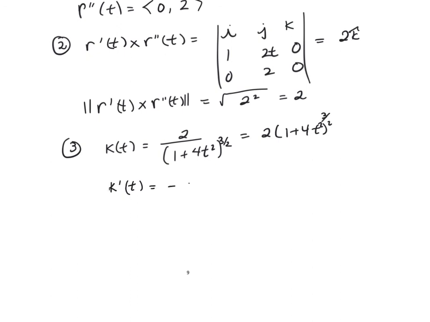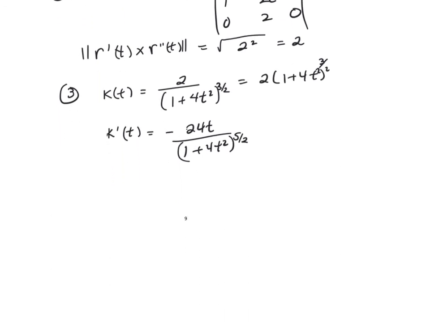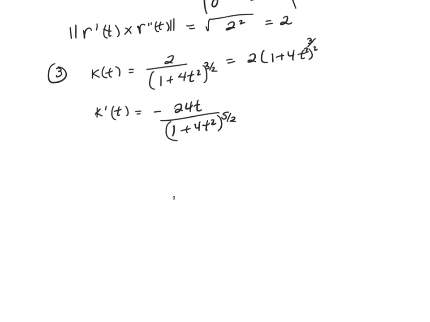And this should give me negative 24t over 1 plus 4t squared raised to the, I'm going to take 1 away, so that's 5 halves. Okay, so this is going to be negative. So k prime of t is going to be less than 0 for all t greater than 0.